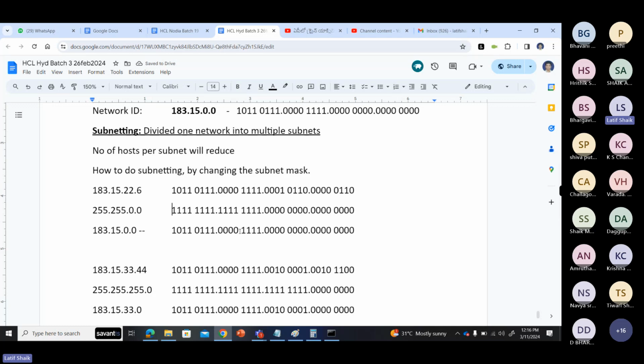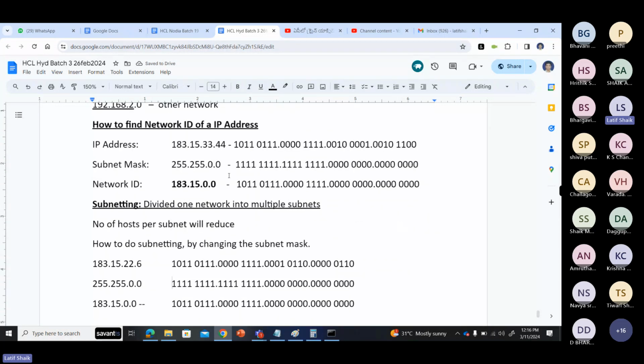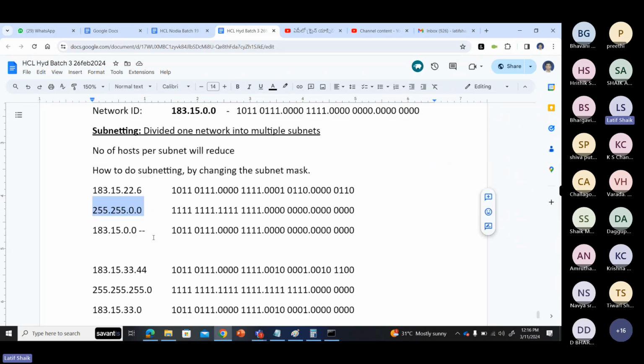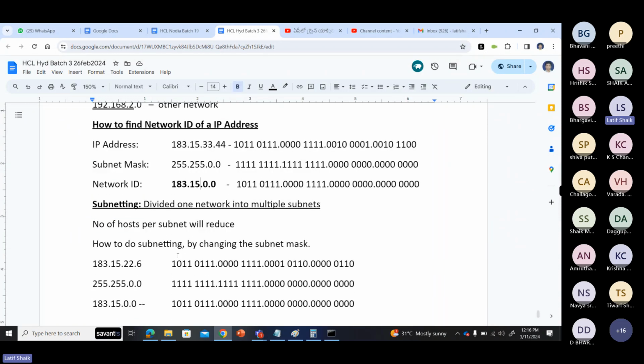The same example, why I have written the same example from here to here, is to continue. So how to calculate the network ID, and for this one also I calculated the network ID. This network ID and this network ID are the same, meaning this PC and this PC can communicate with each other.